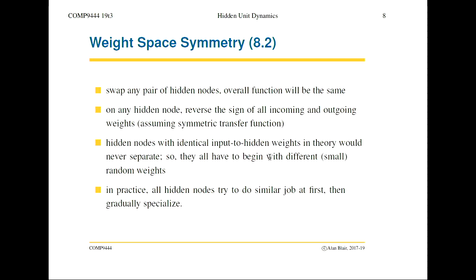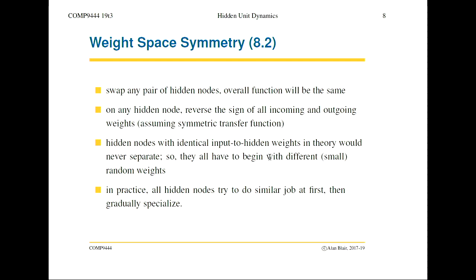So again, if I've got 10 hidden nodes, there's 2 to the power 10 ways to fiddle the signs of the hidden nodes. And this helps you to start to understand the vastness of these high-dimensional spaces.